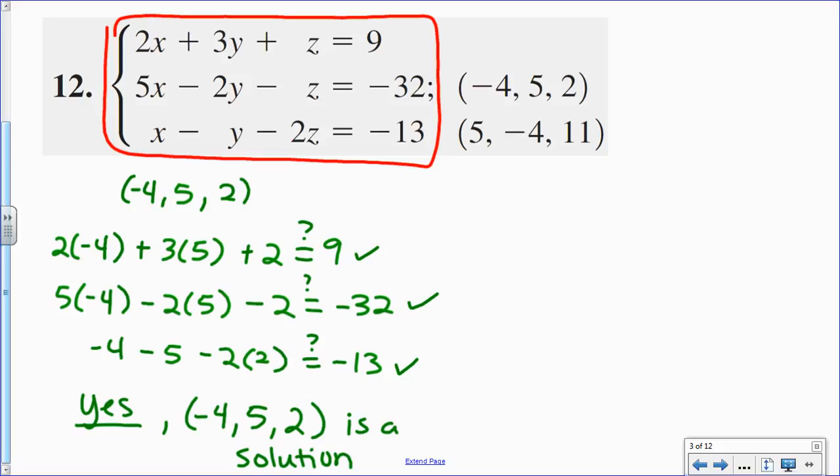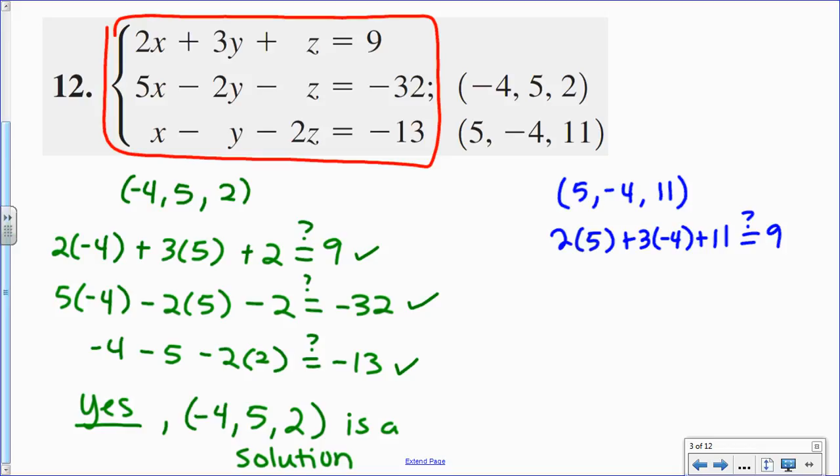Okay? Do the same thing for your second ordered triple. Just take it one equation at a time. So does this one equal 9?